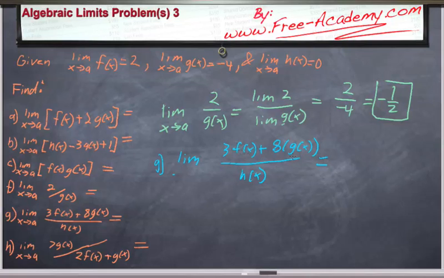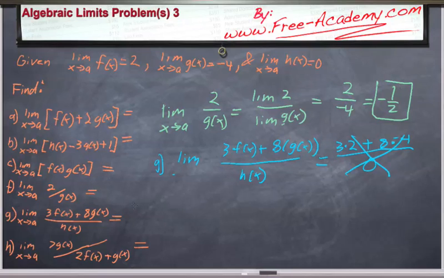The limit of f of x is equal to 2, so that's 3 times 2 plus 8 times the limit of g of x, which is negative 4, times negative 4. This is divided by the limit of h of x, that's equal to 0. Well, if you have a 0 in the denominator, this limit does not exist, it's undefined. So you can never divide by 0.